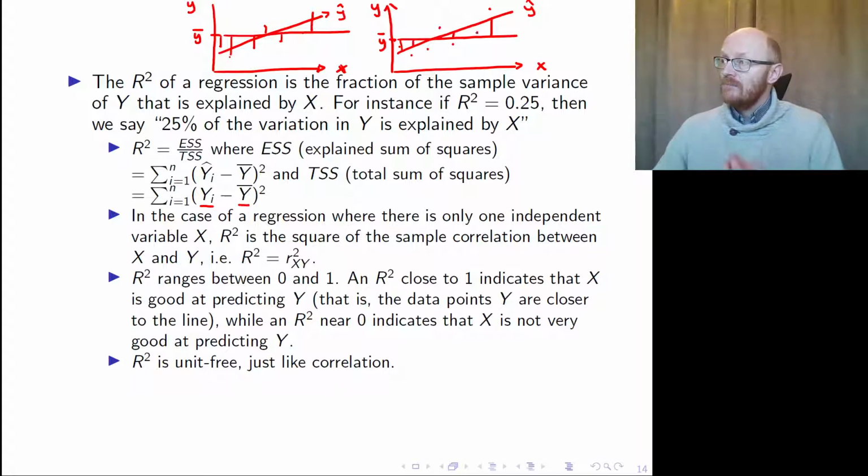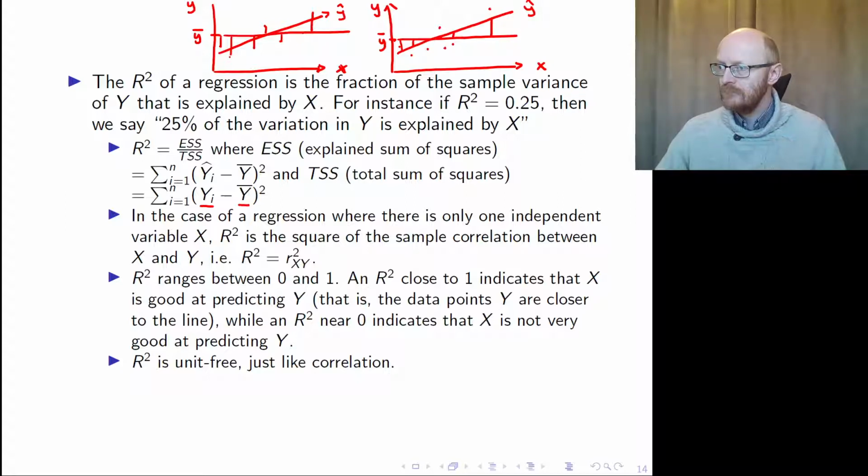So in most cases, if x is actually beneficial in explaining some of the variation in y, then these residuals from the fitted line to the average would be lower in absolute value than if you look at the difference between the data point and the average line.